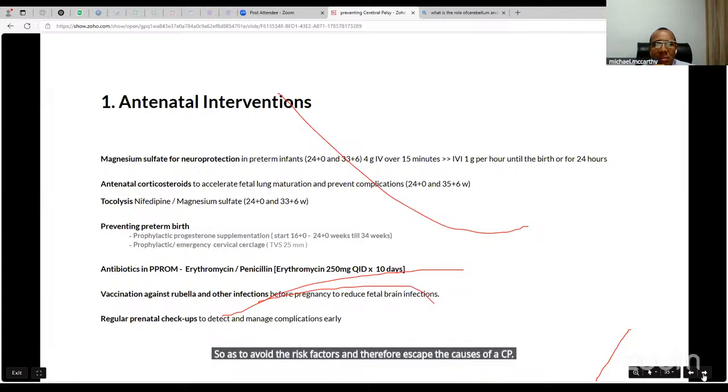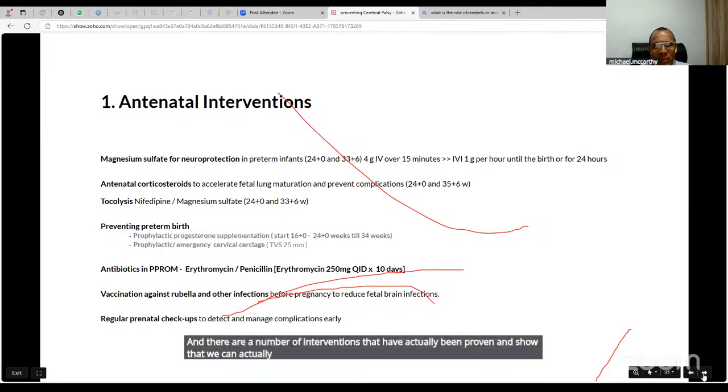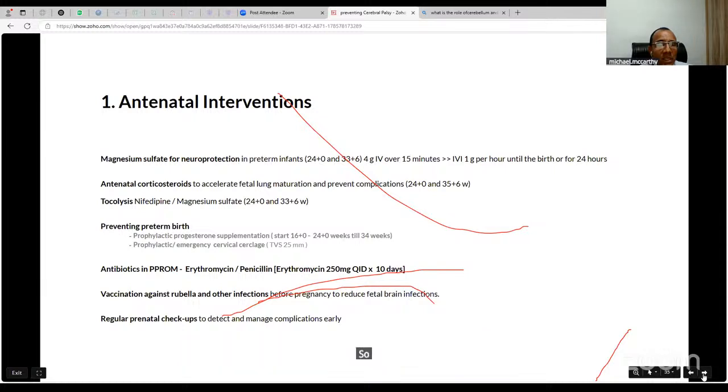And there are a number of interventions that have actually been proven and show that we can actually reduce some of these challenges. So I'll just take them one after the other. Magnesium sulfate, we use in two ways. One is to stop uterine contractions in preterm labor for tocolysis, and the other is for neuroprotection.